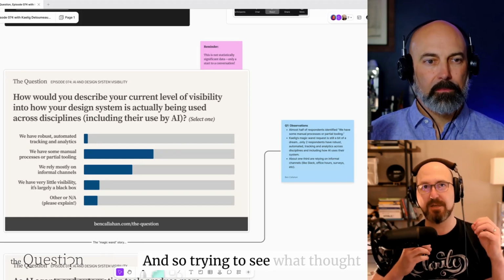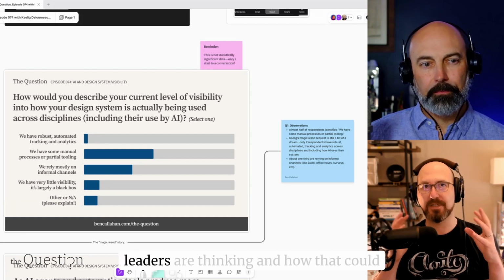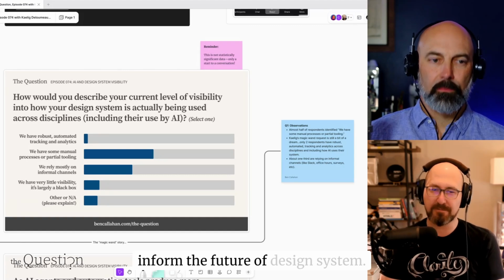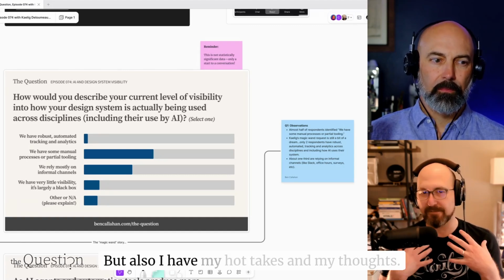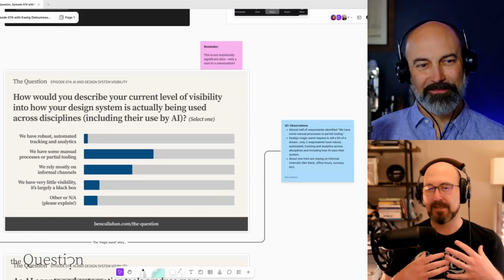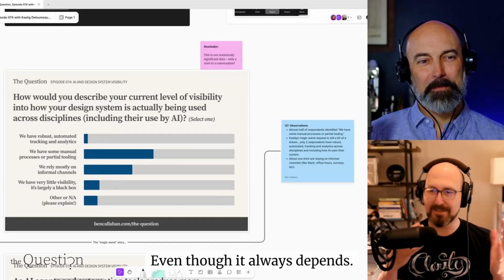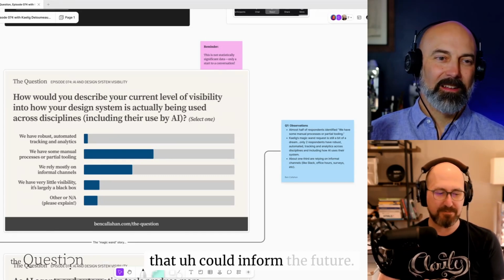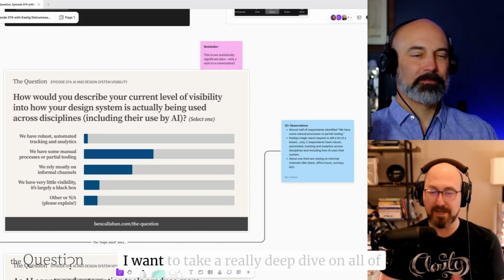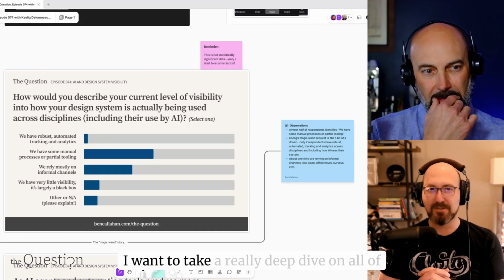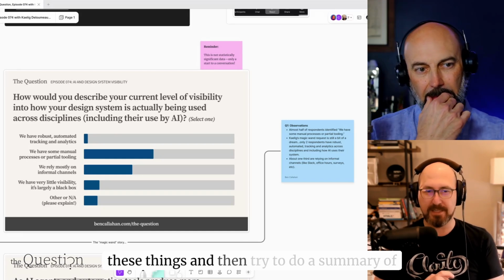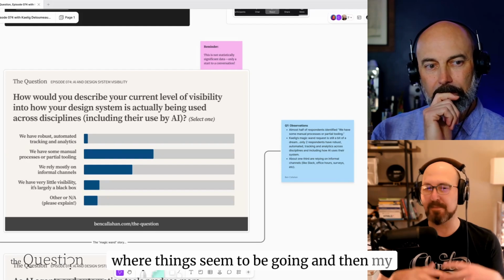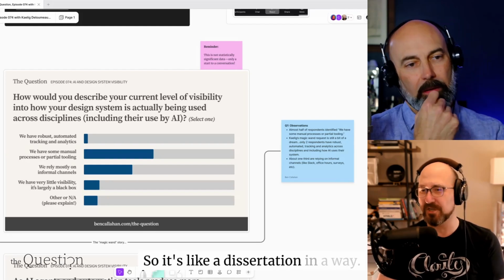So I'm trying to see what thought leaders are thinking and how that could inform the future of design systems. But I also have my hot takes and my thoughts, even though it always depends. There are so many variables at play that could inform the future. But I want to do a really deep dive on all of these things, then do a summary of where things seem to be going, and then my own take at the end. So it's like a dissertation in a way.